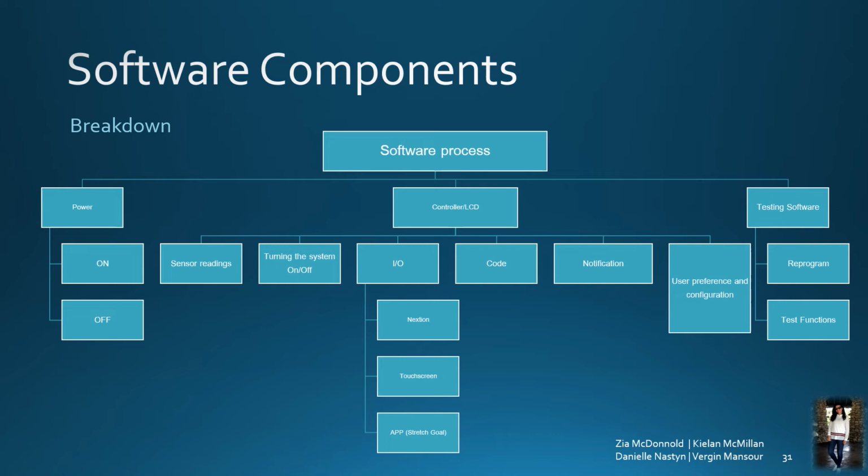Then the code would comply and work with all the different machines that we have working and all the connections. Also, if possible, it would send notifications to the user, with user preference and configuration set for that.